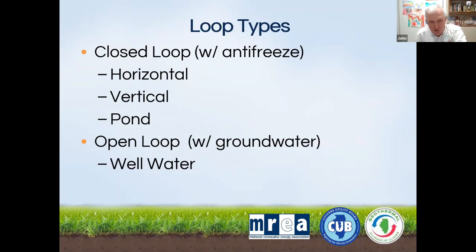And those type of systems work very, very well as open loop, because you can drill a well, typically a shallow well right near the river, and extract the water out of the well. It's no different than any other well. You extract the water, take heat out of the water in the winter, or inject heat back into it in cooling, and then pump the water into the river. And the water is just a little bit cooler in the winter, and a little bit hotter in the summer, and that's an open well system.